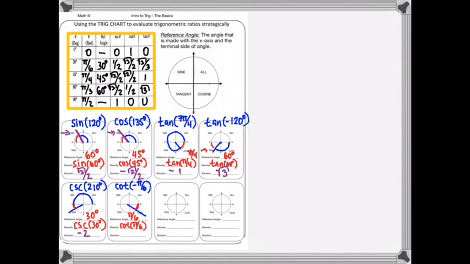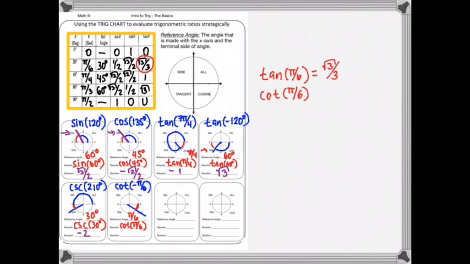All right, so loading things up on the right-hand side here, we have the tangent of π/6. We want to figure that out first and take the reciprocal of it, because that's going to give us what cotangent is. And so tangent of π/6 is going to give me √3/3.